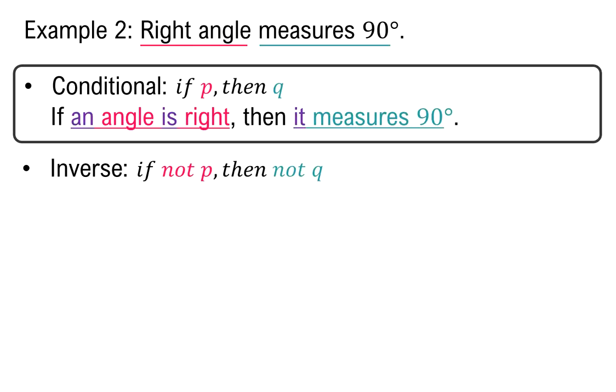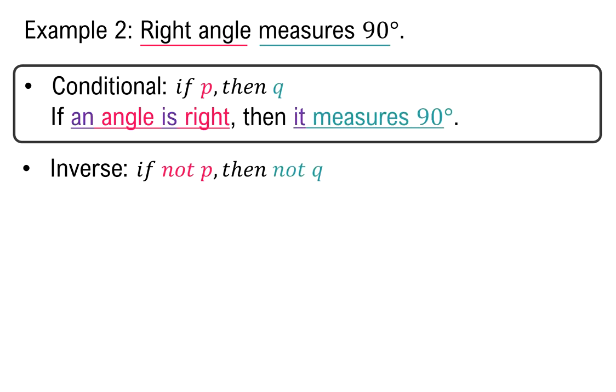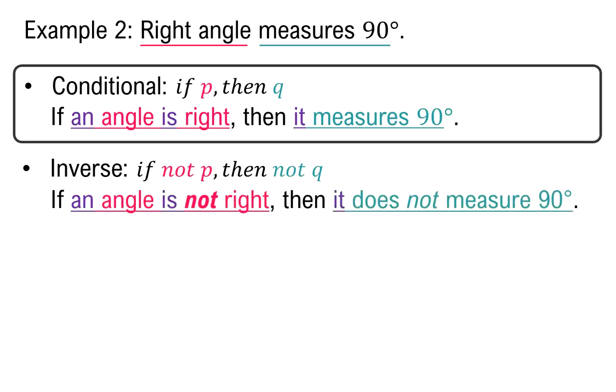So, pwedeng tayo maglagay ng word na not or no. So, our inverse statement would be, if an angle is not right, then it does not measure 90 degrees.